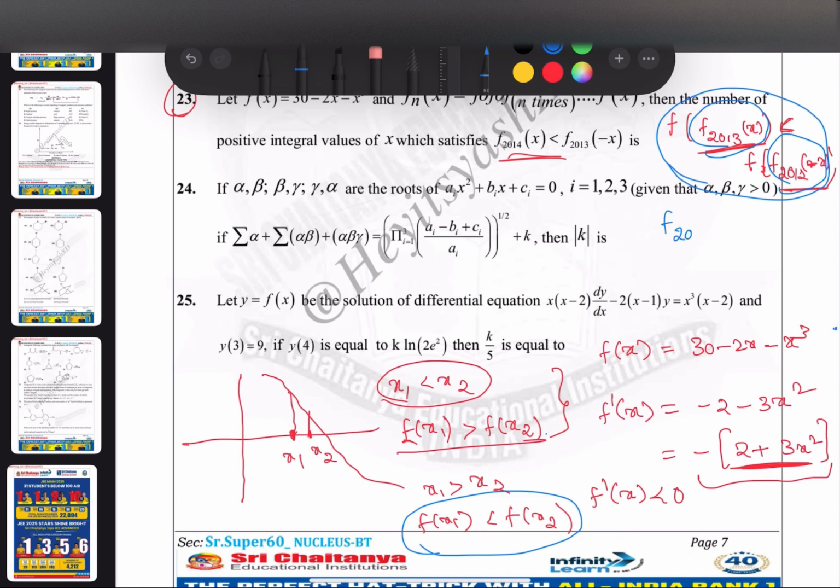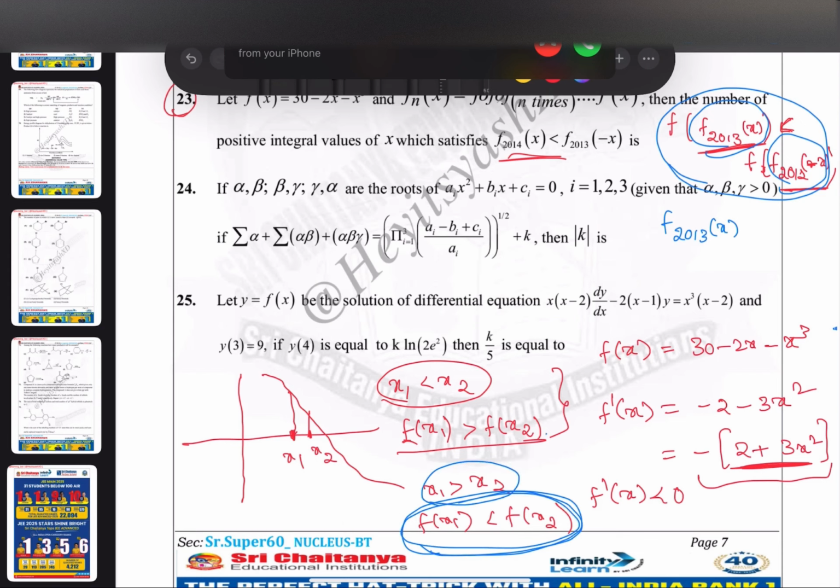So we can write f of 2013x less than, all right, we have less than here. So therefore x1 should be greater than x2. So f of 2013x greater than f of 2012 of minus x.